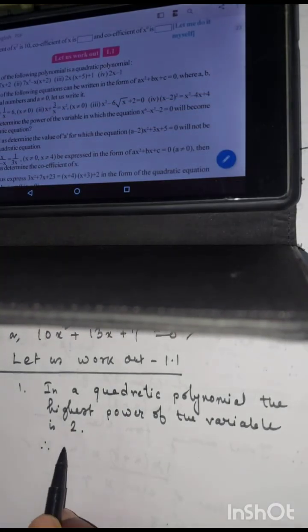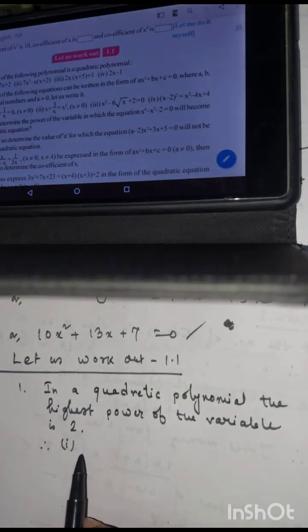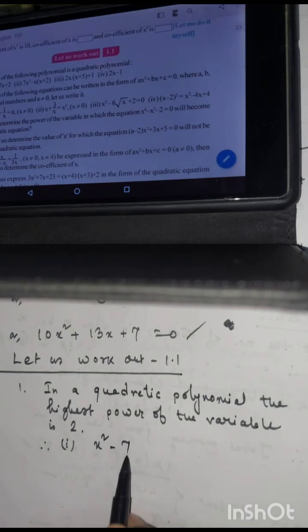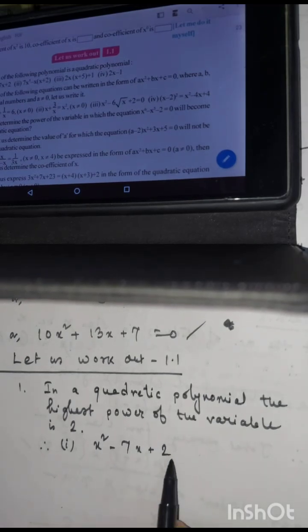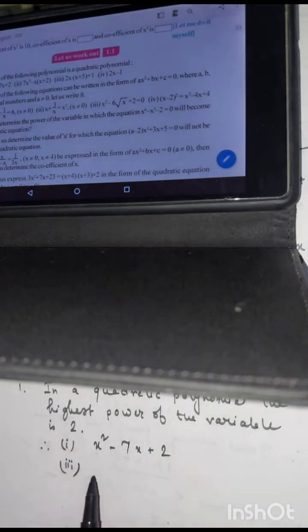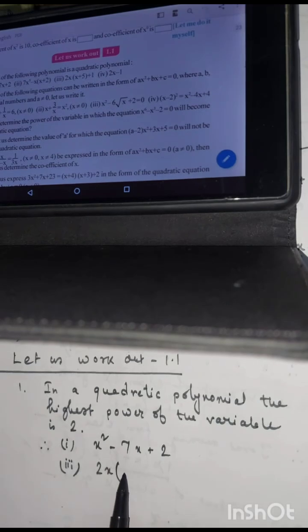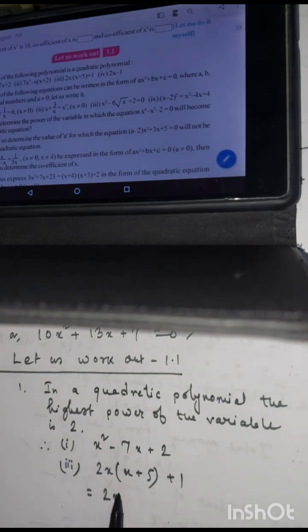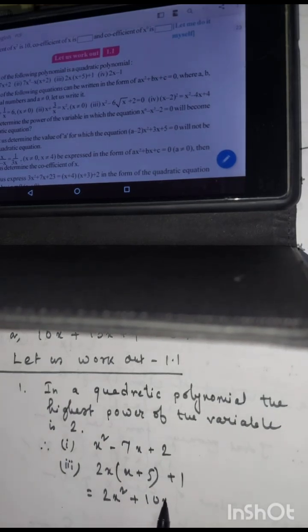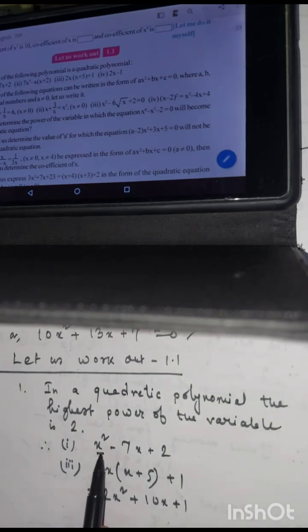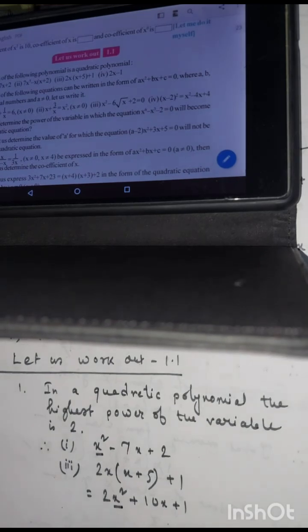Therefore Roman 1, this is a quadratic polynomial, and option 3, which can be written as, so we can see in these two cases the highest power of x is 2.